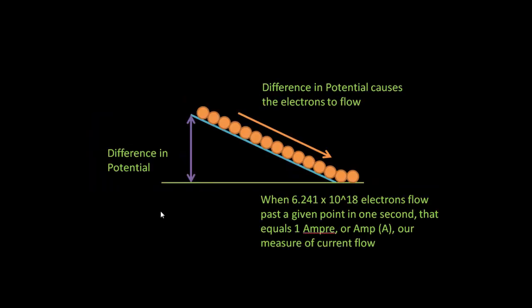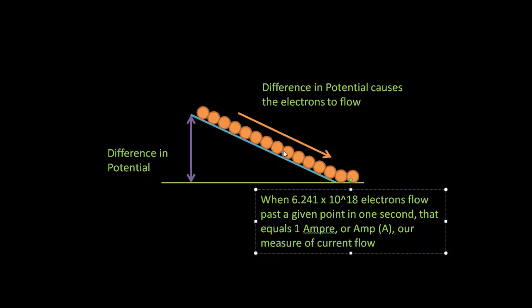So just as we promised earlier, if you have a difference in potential, as we showed, guess what happens? These balls or these electrons start to flow, and they flow very fast. And so guess what? There is also a measure of how fast those balls flow across any given point in time for 1 second.